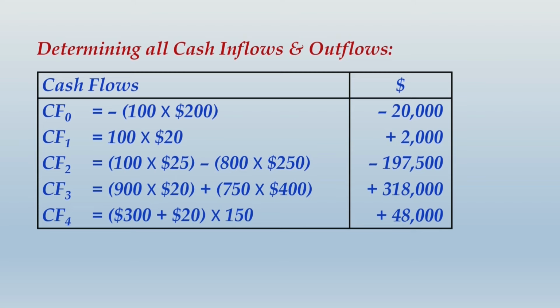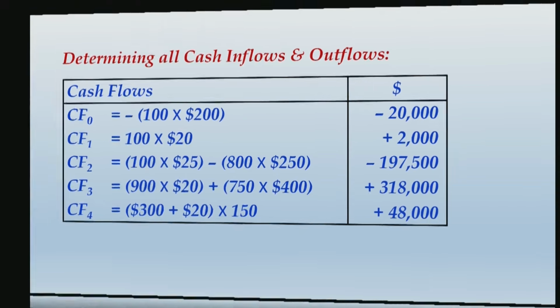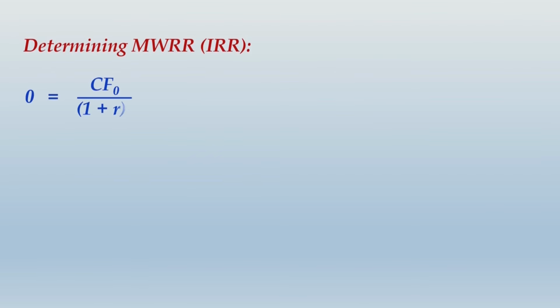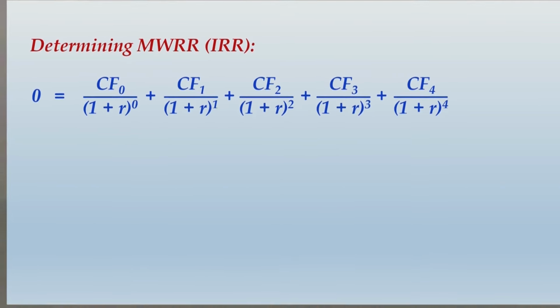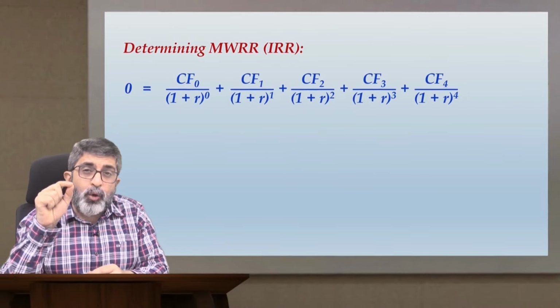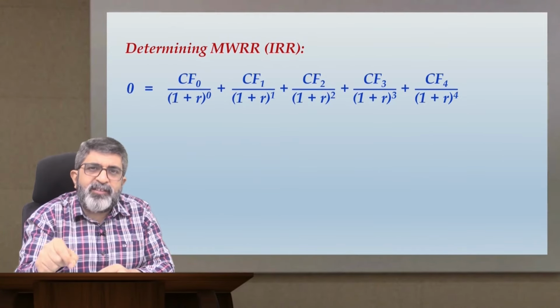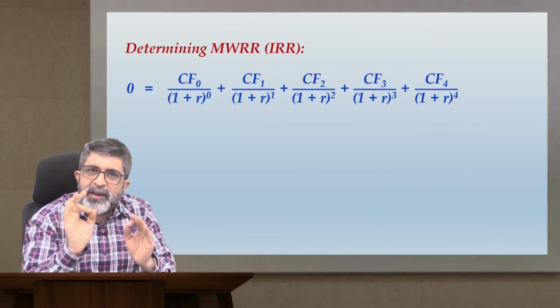Alright friends, once you have completed writing this whole thing, we will be computing the IRR now. So MWRR or IRR. Let us first set the equation. You know one thing, when all cash inflows and cash outflows are transformed to their present values, where the discounting rate is the IRR itself, the resulting NPV will be 0.